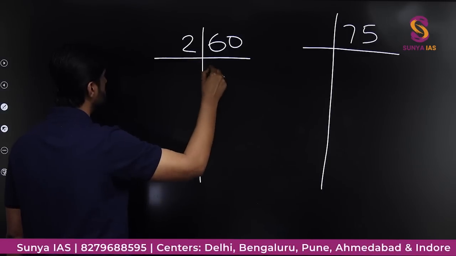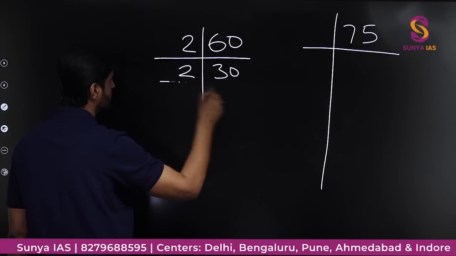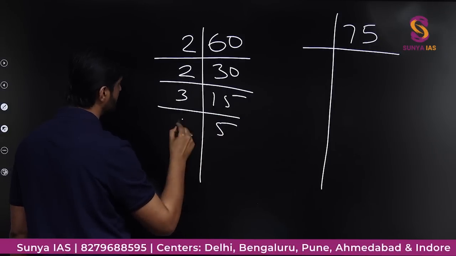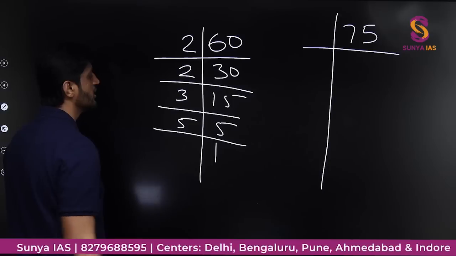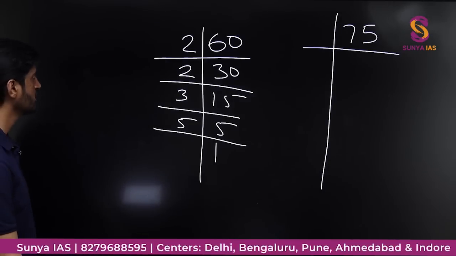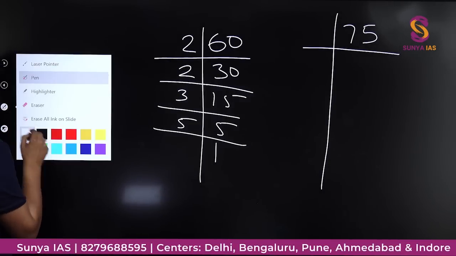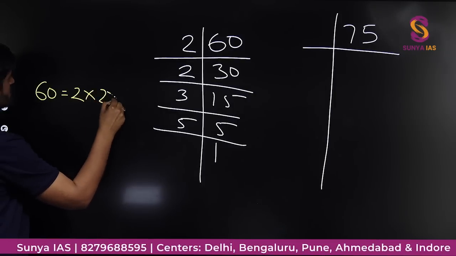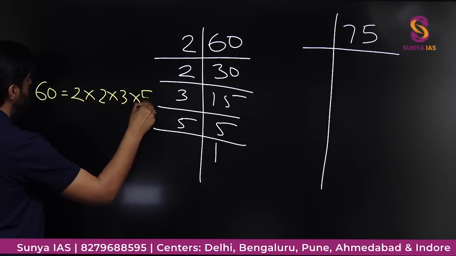So first goes 2, then 30, then 2, then 15, then 3, 5, one more time, and now we have 1. So this is completely factorized. You can write 60 as nothing but 2 into 2 into 3 into 5.